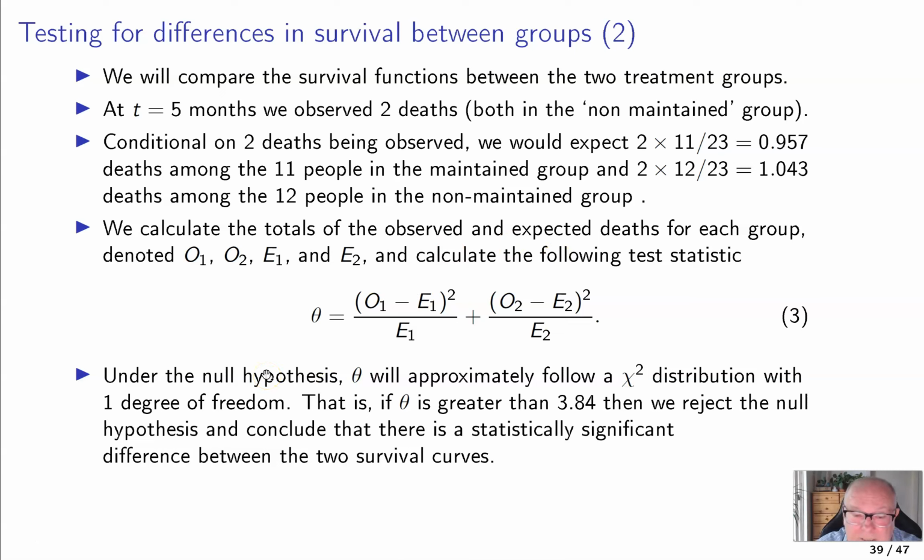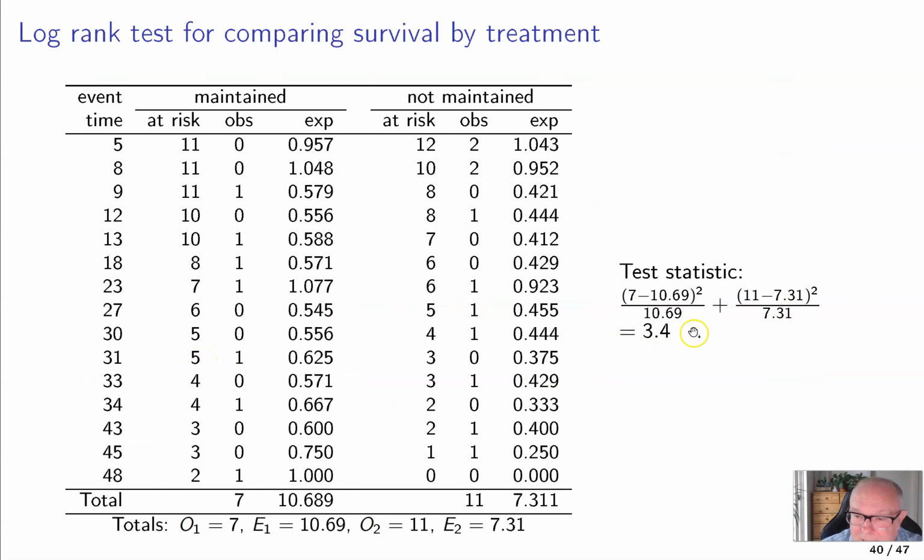Under the null hypothesis that the survivor functions are the same, this will be approximately chi-squared distributed with 1 degree of freedom. And here you can see the calculated value of the test statistic, and the critical value, the value of this test statistic beyond which we reject the null hypothesis, is 1.96 squared, which is 3.84.